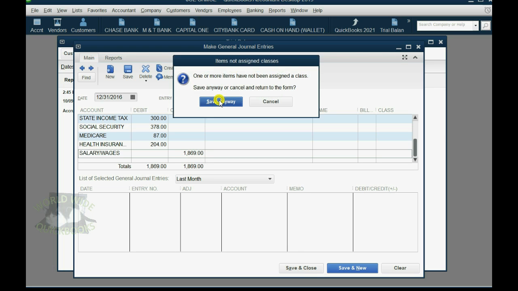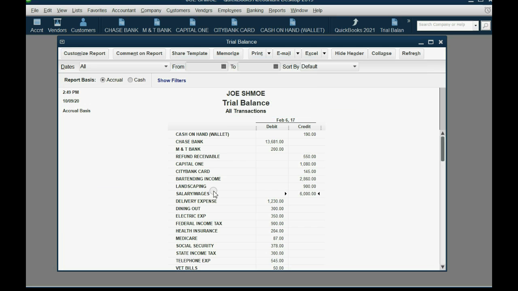Save and close, save anyway. Beautiful. Now salary and wages are $6,000, and each of the taxes and withholdings are exactly what they should be as of the last day of the year, so that you can make a correct profit and loss.